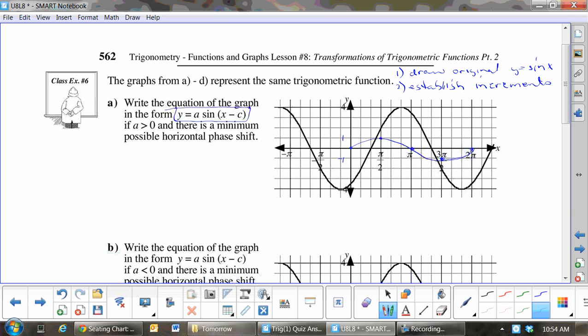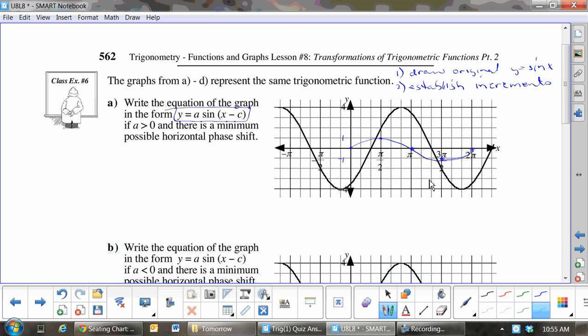Now, Lucas, according to you, what would this be if you were counting by pi over 6s? Right here, that's a pi sign. Since you're counting 1, 2, 3, that would be 6 pi over 6.